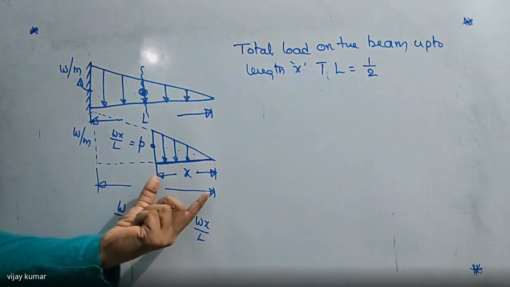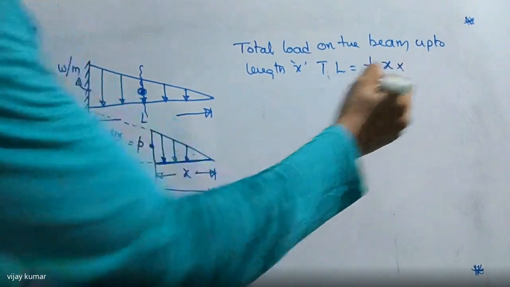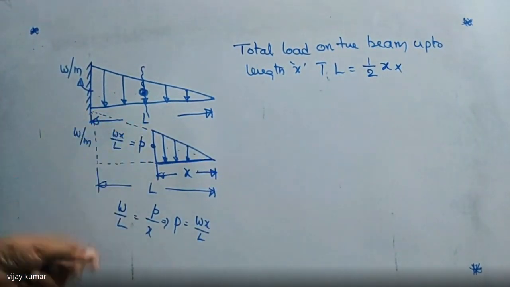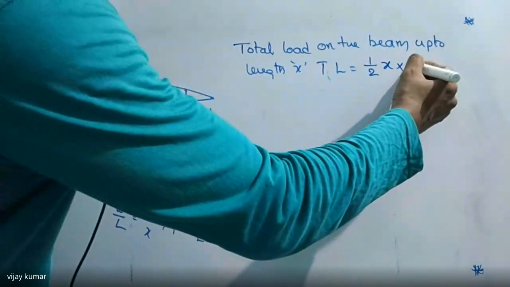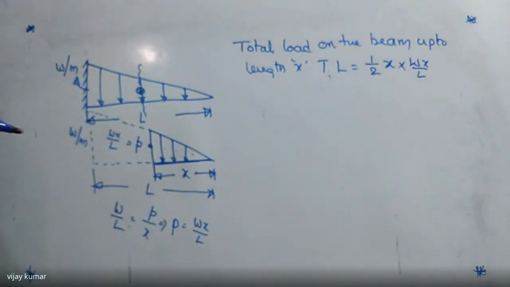Half into base, and the base is nothing but x. And the height is nothing but P. What is the P value here? That is W into x divided by L.